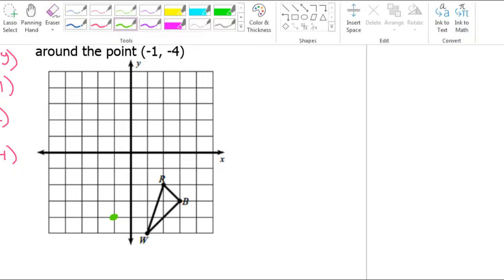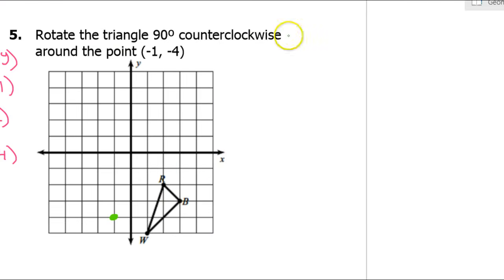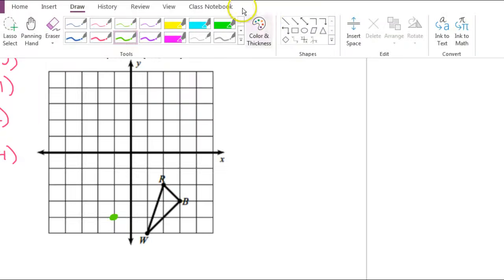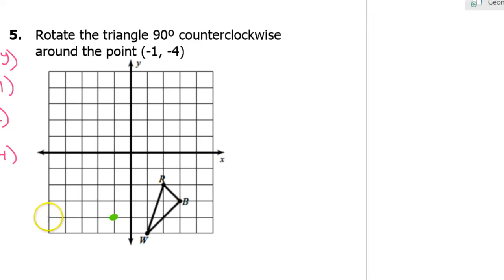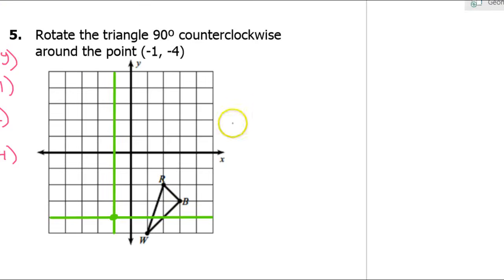Now, we're going to pretend that this is the origin. All right, and we're going to do that by making a new x-axis and a new y-axis. So for the rest of the problem, we're going to use this for the x and y-axis.